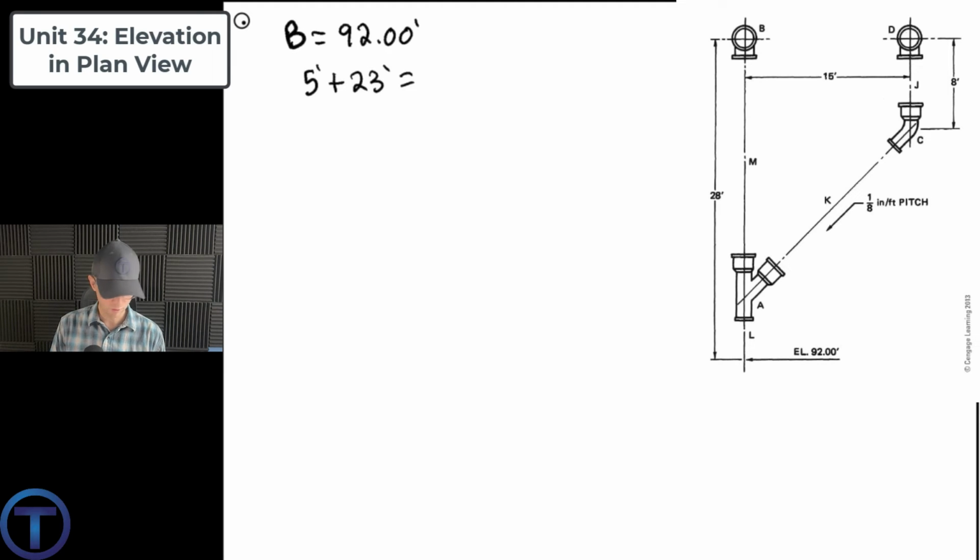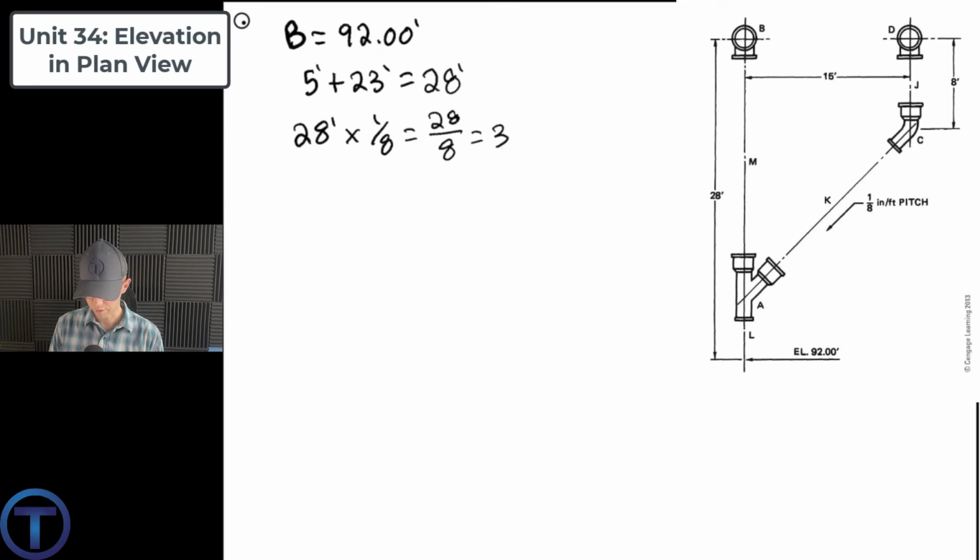Really, it's like all along the side there. If you look at that, it's the same, 28 feet, right? So we take our 28 feet, times that by our 1/8 inch per foot. That's going to give us 28 over 8, which is equal to 3.5 inches.